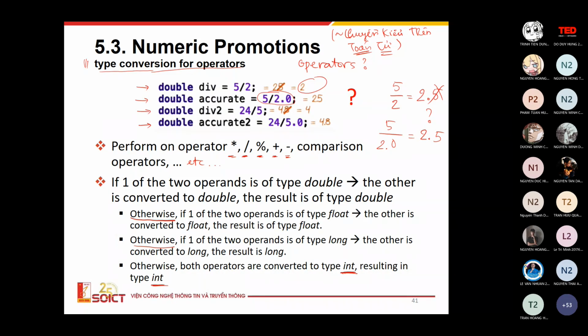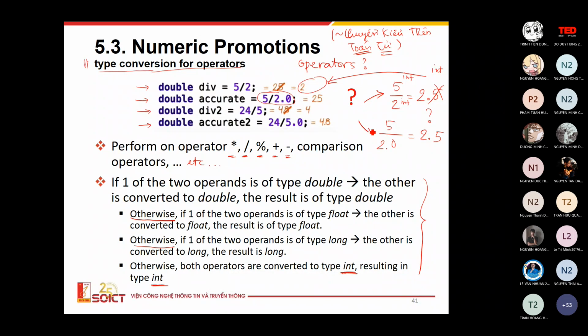Okay, so let's see what it means here. You see, in this example, we have 5 divided by 2. 5, if you write it like this, will be int, okay? And 2 will be int also. So if you divide an int by an int, the result will be int. So here you just get 2, but not 2.5.